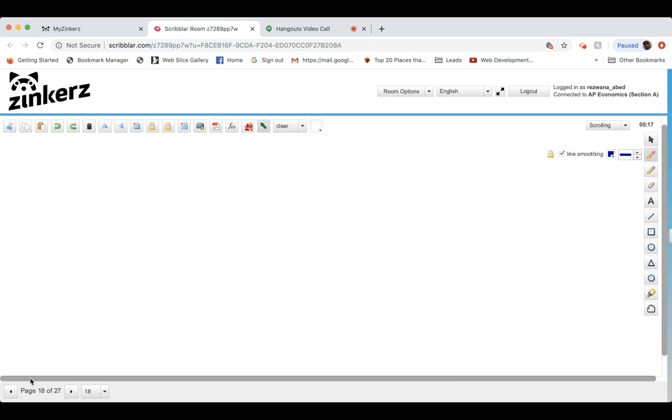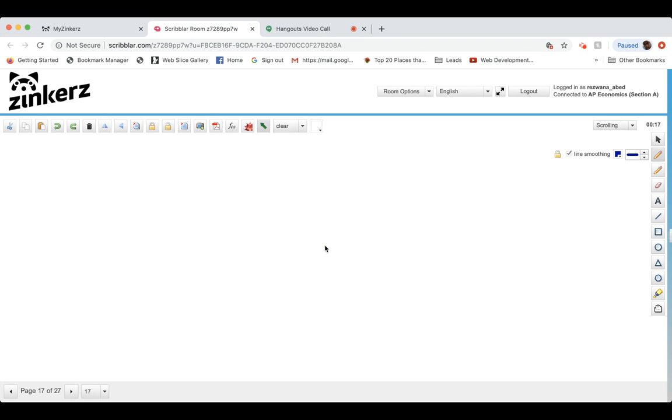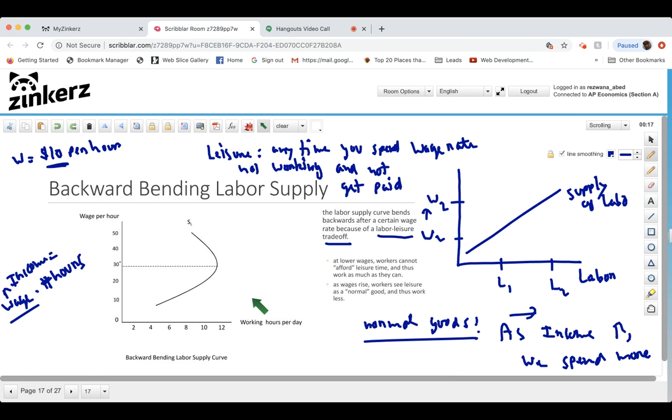I didn't understand why they see it as a normal good. Because after a certain wage, $30 per hour, $40 per hour, $50 per hour, is high enough that you don't really have to work as many hours, because your wage is high enough that your income has increased.